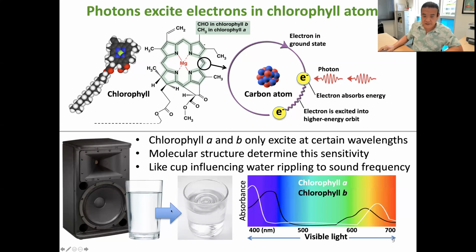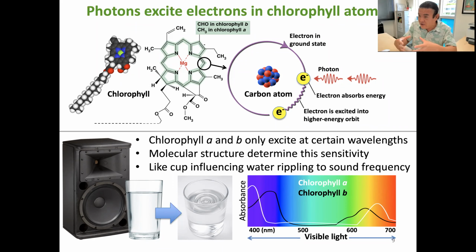So think about it this way. The structure of this molecule is fixed. And as a result, that's why it's only sensitive to certain wavelengths. It's like if you have a glass of water and you put it in front of a really loud loudspeaker, and you somehow blast out a range of different pitches, starting from super low bass pitches all the way up to treble.